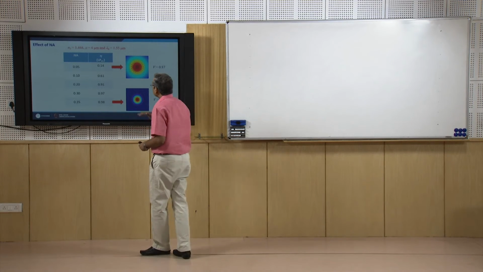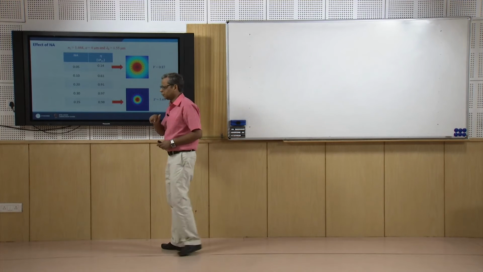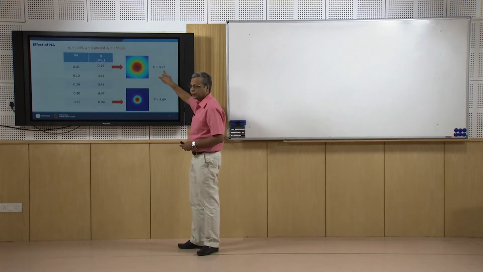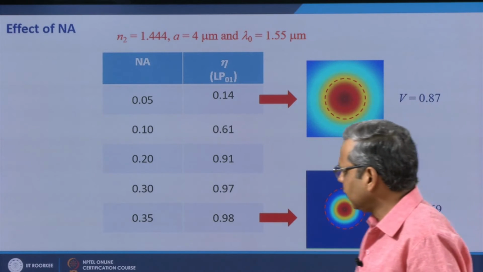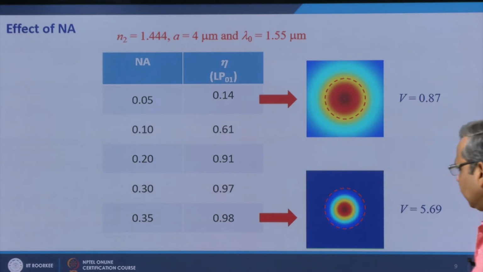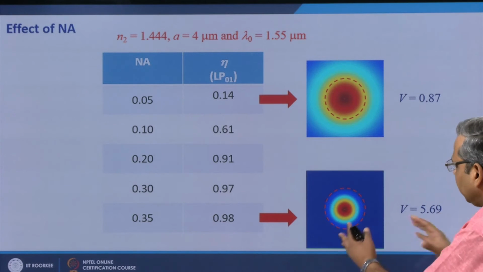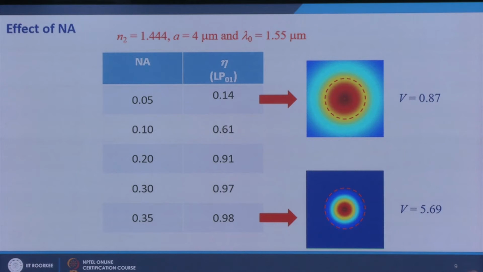So, it has really very poor guidance. The value of V is very small, 0.87, quite close to 0, and when the numerical aperture is high, then of course the entire field is pushed in the core. The value of V is very large, about 5.7.